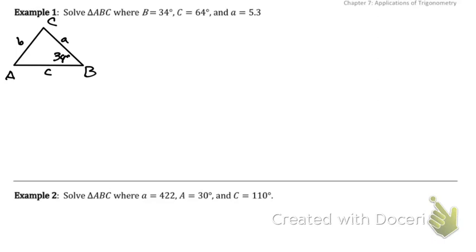We know C is 64 degrees. And we know A equals 5.3. So we are given angle, side, angle, which means use the law of sines.